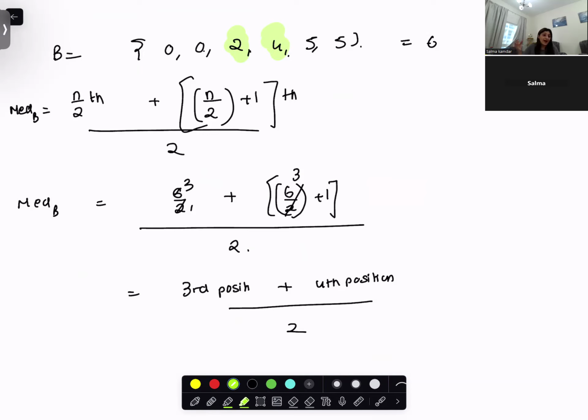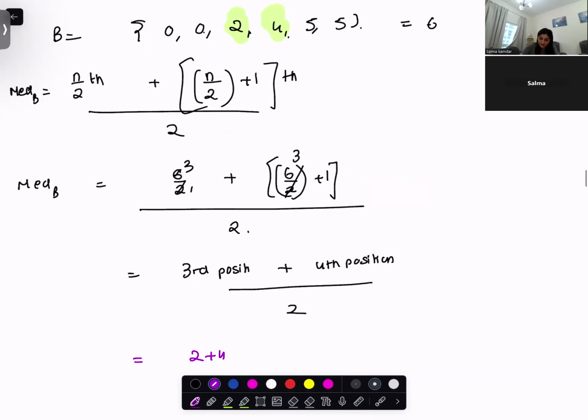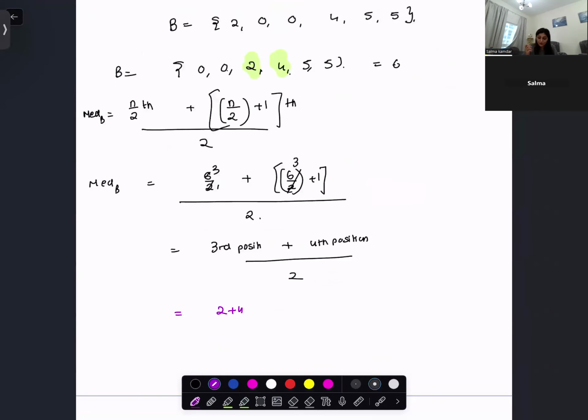You need to take the value at the third number and the fourth number. So it would be 2 plus 4, divided by 2. So the median of set B is 6 divided by 2, or I would say it is 3.